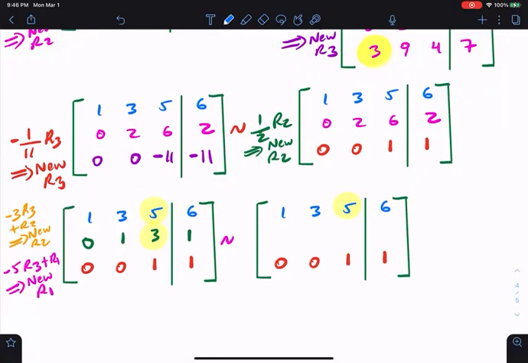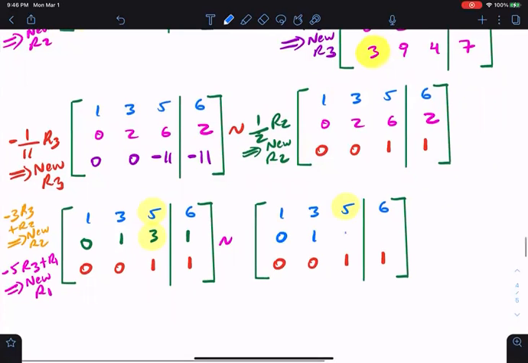All the elements in row 3 are going to be multiplied by negative 3. So negative 3 times 0 is 0, plus 0 is 0. Negative 3 times 0 is 0, plus 1 is 1. Negative 3 times 1 is negative 3, plus 3 is 0. Negative 3 times negative 1 is 3, and negative 1 is... negative 2. Yes?